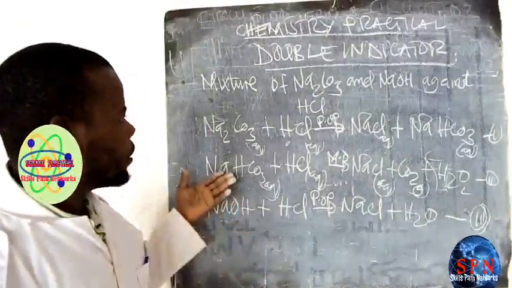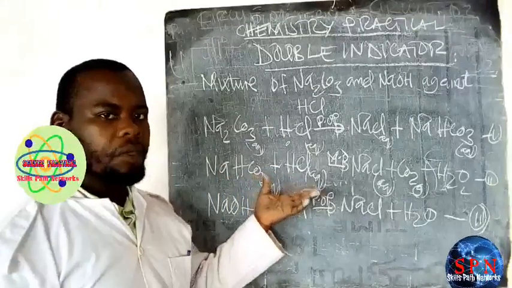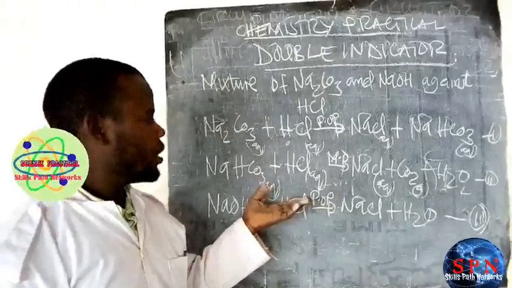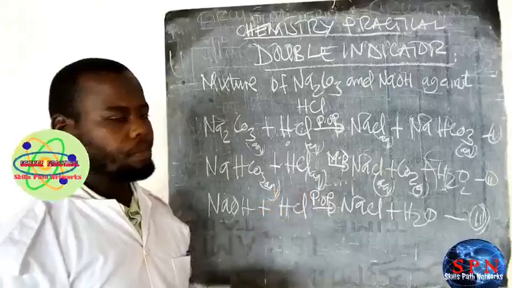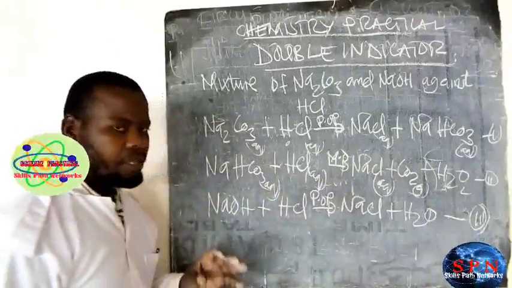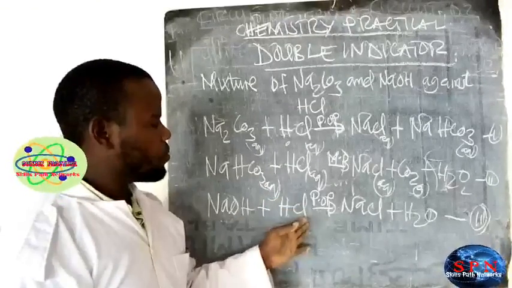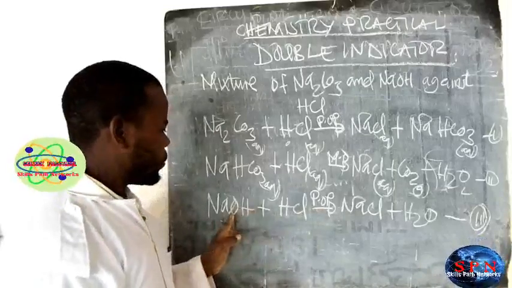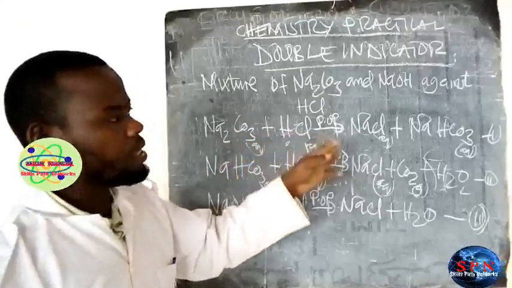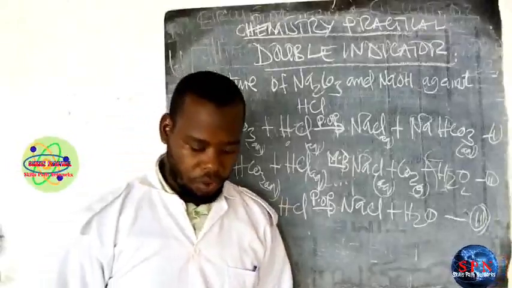So you will see how many times POP is used and how many times methyl orange is used. Phenolphthalein indicator within titration is used twice: to neutralize sodium hydroxide, and to neutralize sodium carbonate to get the intermediate, which will be completed by using methyl orange.